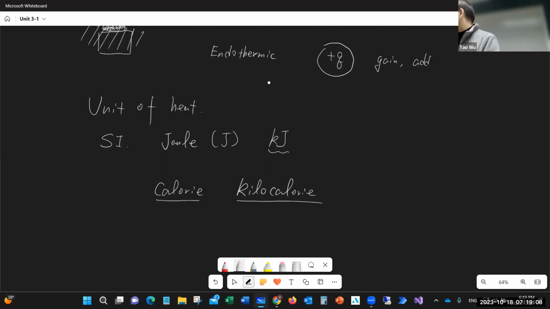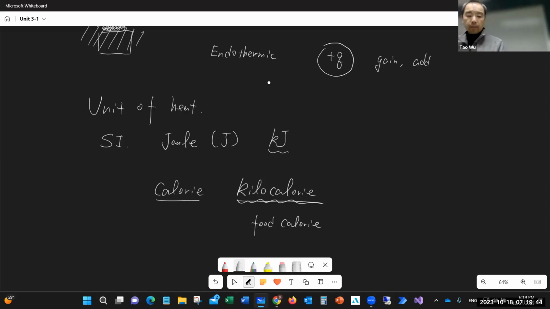Every time you eat a snack, the label shows how much energy you gain. Maybe it's just a small chocolate, and it says 200 calories. But that calorie is not this calorie; it's talking about the kilocalorie. Kilocalorie is also called the food calorie.